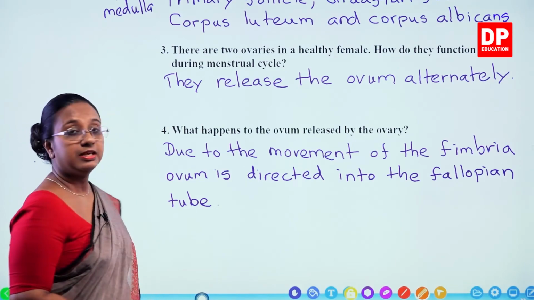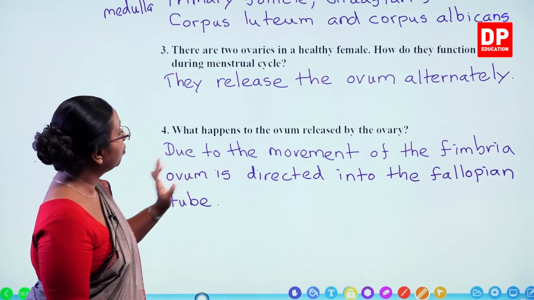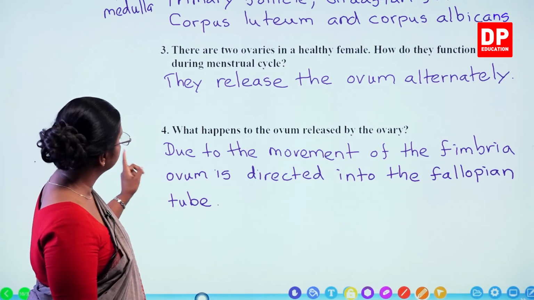Ovum is directed into the fallopian tube. So that is what happens to the ovum that is released by the ovaries.